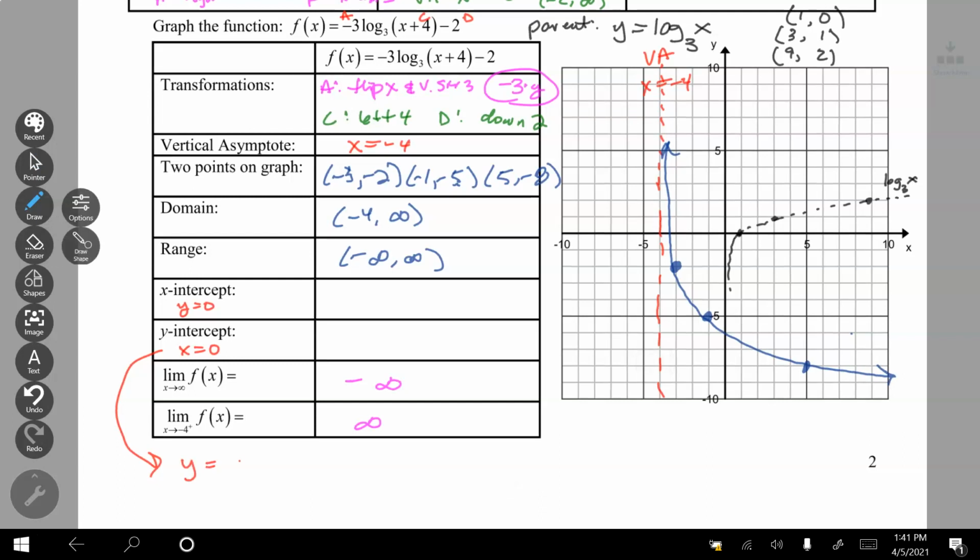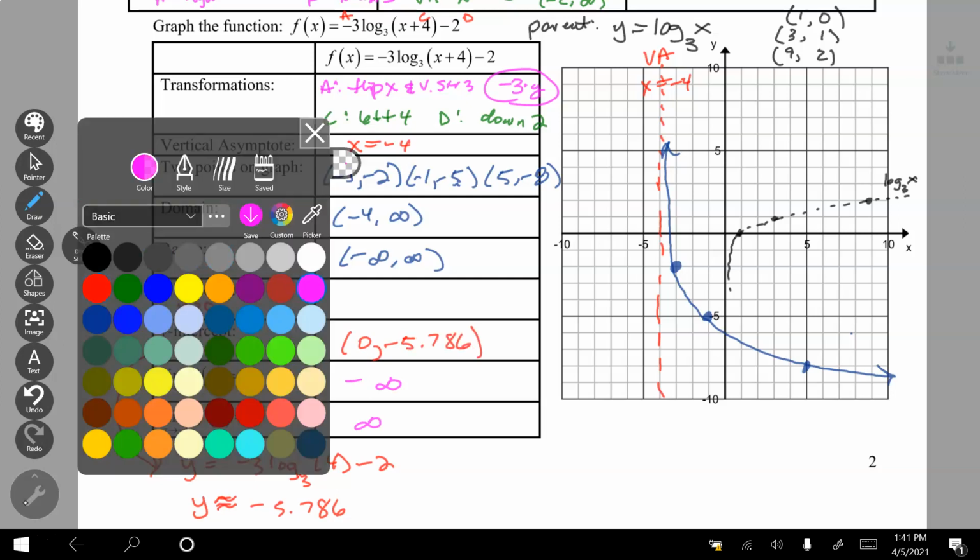I get y equals negative 3 log base 3, I'm sorry, log base 3 of 0 plus 4, minus 2, and I went to my calculator, and I typed this in, and I got the number that was about equal to negative 5.786. So 0, negative 5.786 is the y-intercept.